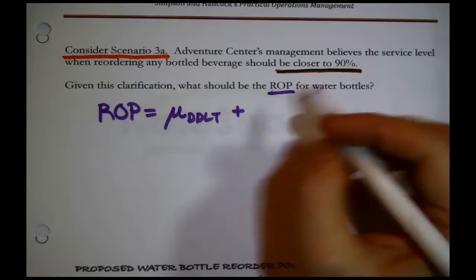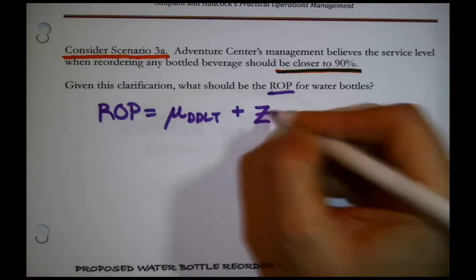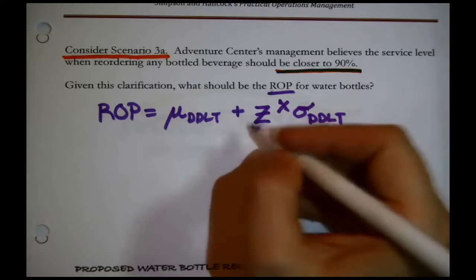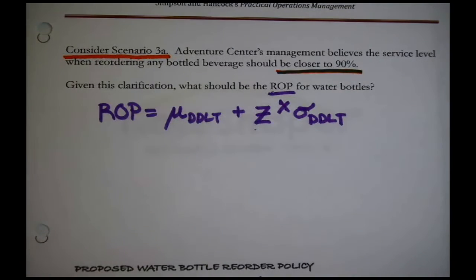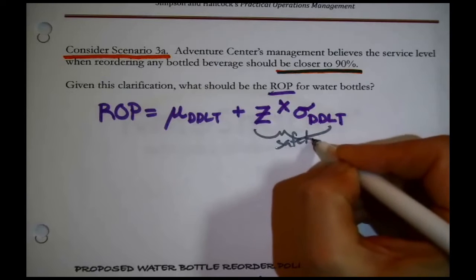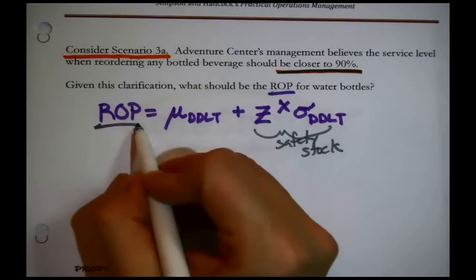That's usually described in a formula as some certain z value times the standard deviation of demand during lead time. That's not a coincidence. It's that same z value. This is your safety stock. You say, I'm not after safety stock, I'm after the reorder point.